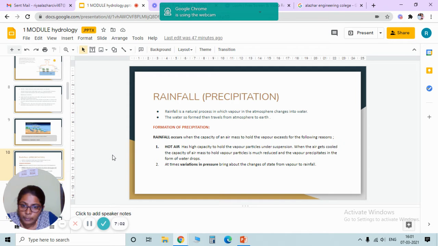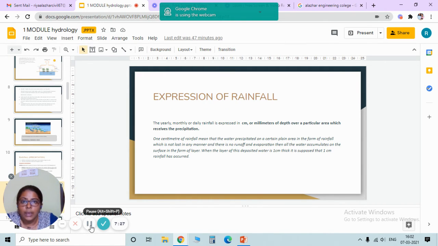First, hot air has a high capacity to hold the vapor particles under suspension, and when the air gets cooled, the capacity of the air mass to hold the vapor particles is much reduced and it precipitates in the form of water drops. And at times, variations of pressure can also bring about the change from the state of vapor to rainfall.